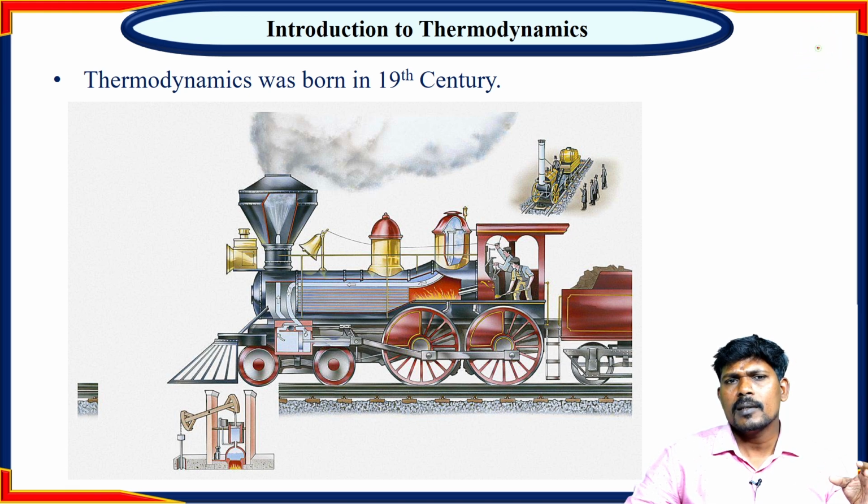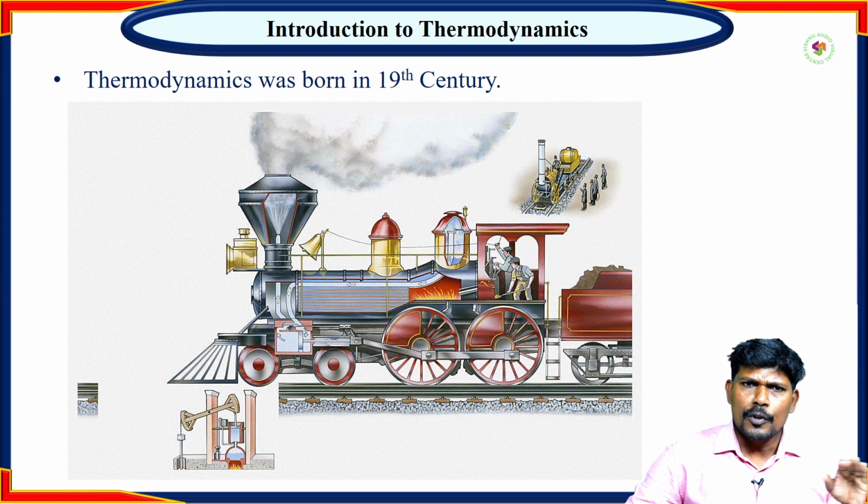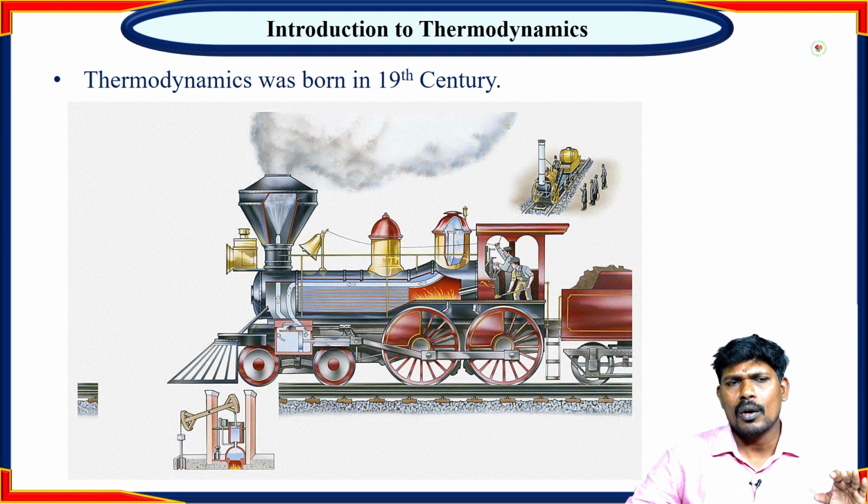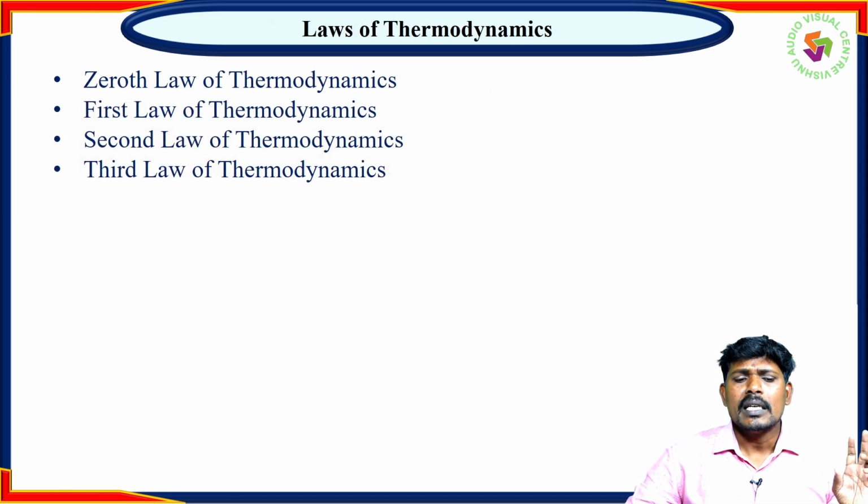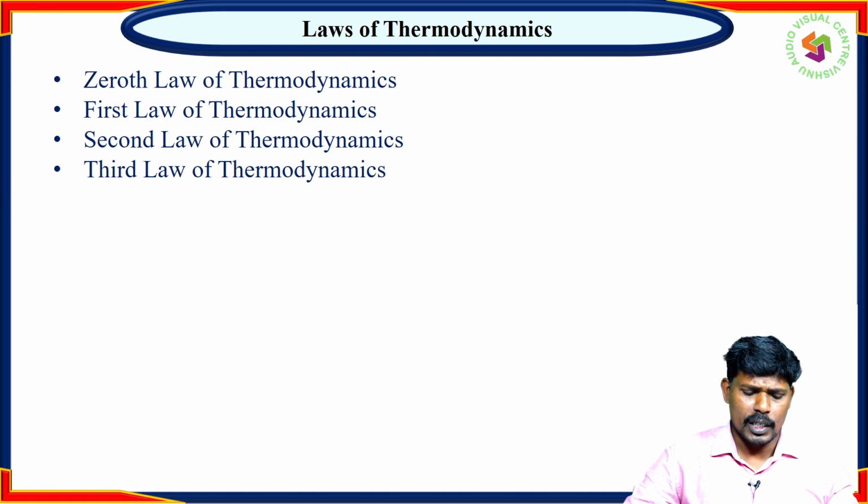To understand that, based on a few principles or laws, they developed one science called thermodynamics. Those laws are the zeroth law, first law, second law and third law of thermodynamics.